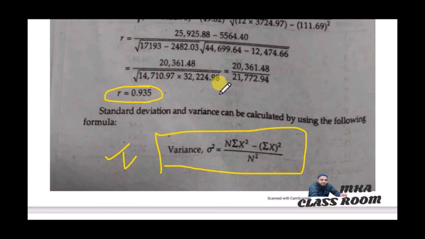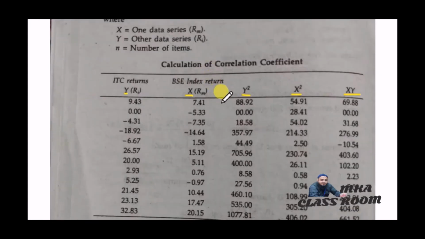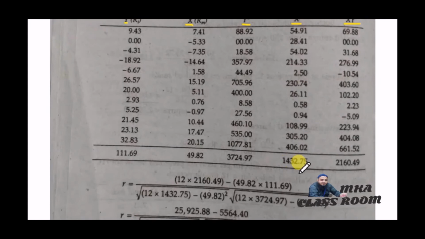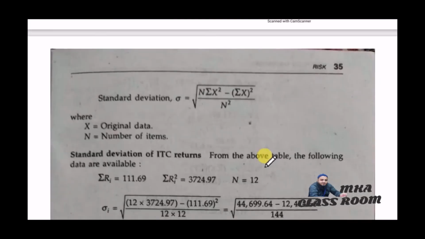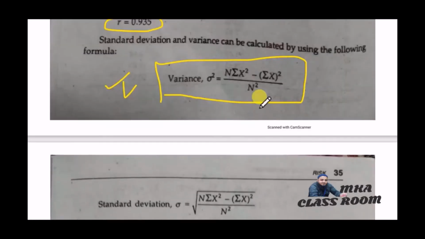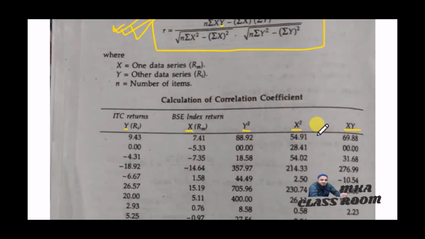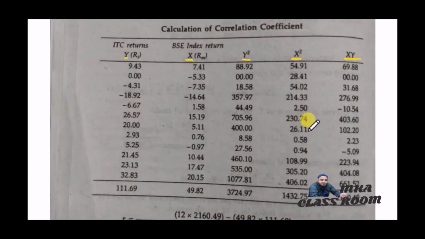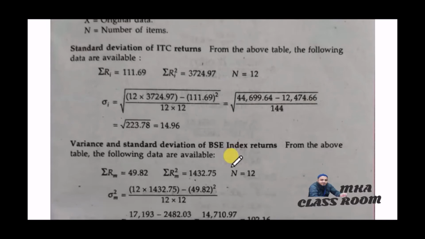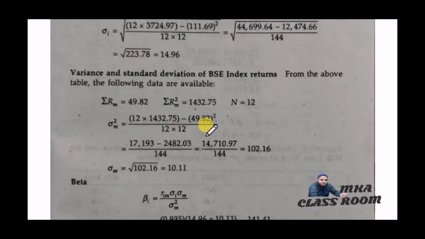Here is the x square, summation x square 1432 minus summation x whole square. That means this is the 49 whole square. So 12 into 1432.75 minus 498 whole square divided by n whole square.